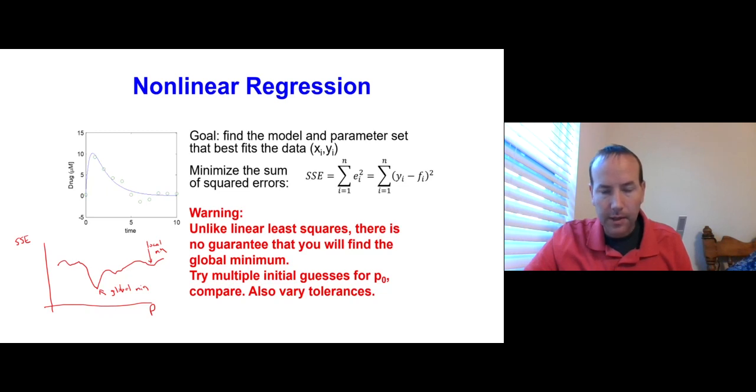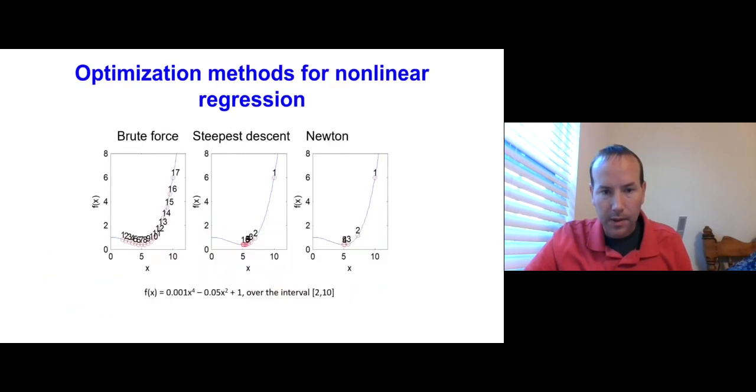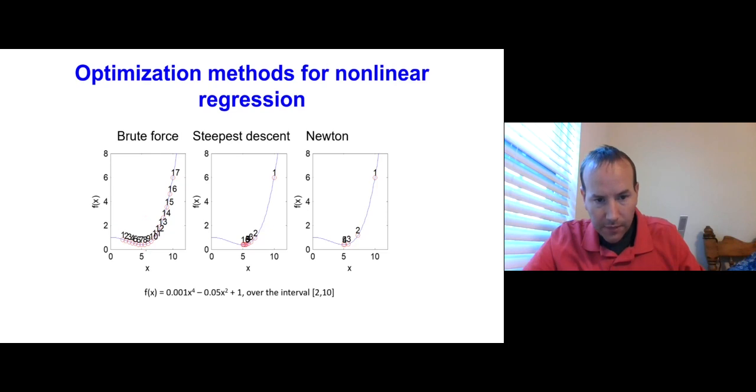In nonlinear regression, let's take a look at how this works. I'm going to talk about three main methods that are all different strategies for finding this minimum in a function. I'll do it very briefly here and then in more detail subsequently. The first is brute force minimization, in which you basically just try all the possibilities and then see which one works best.